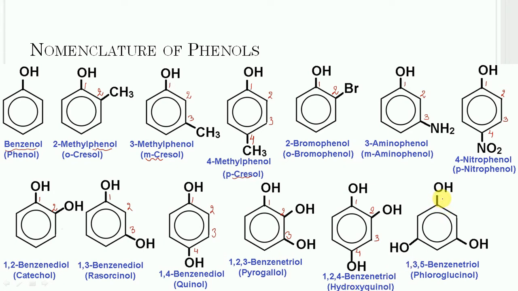It is carbon number 1, 3 and 5. So it is 1,3,5-benzenetriol. It is also called phloroglucinol. So these are the examples of the dihydric and trihydric phenols.